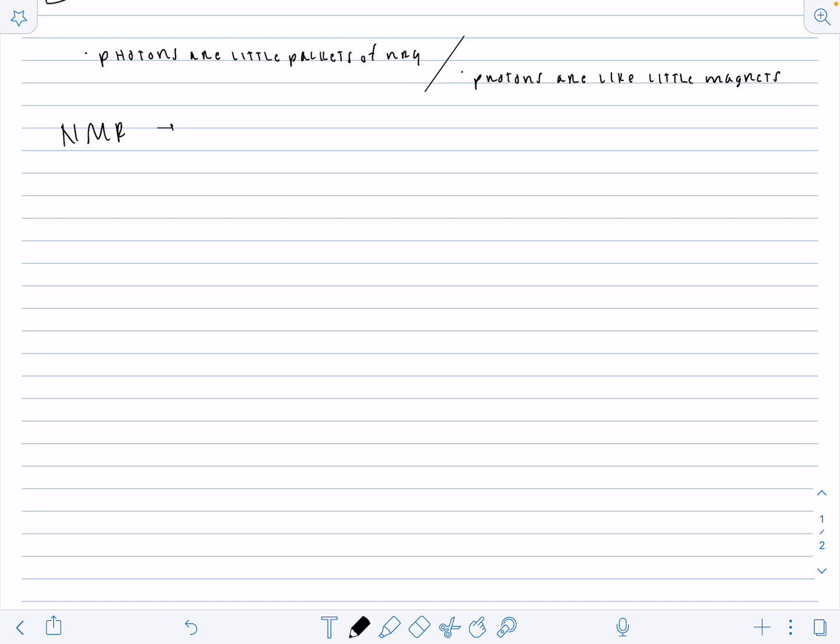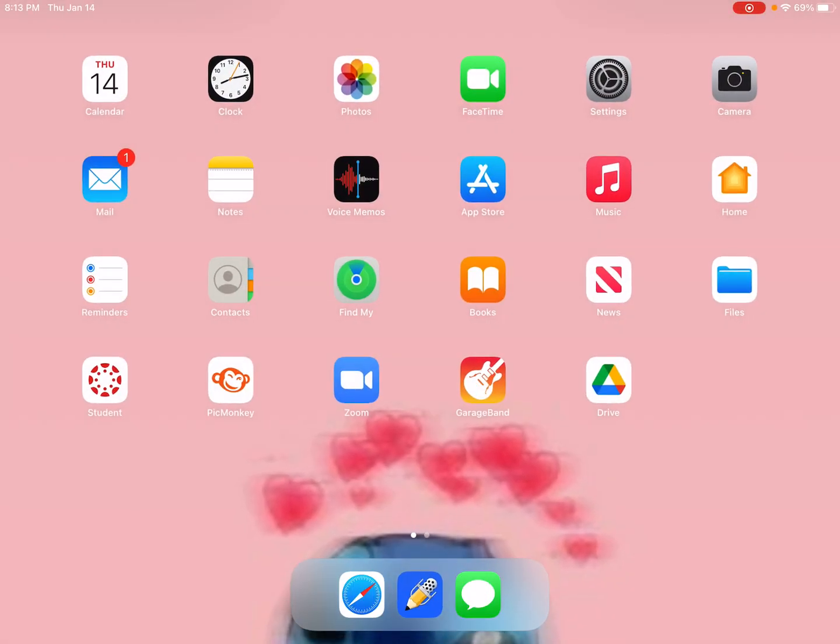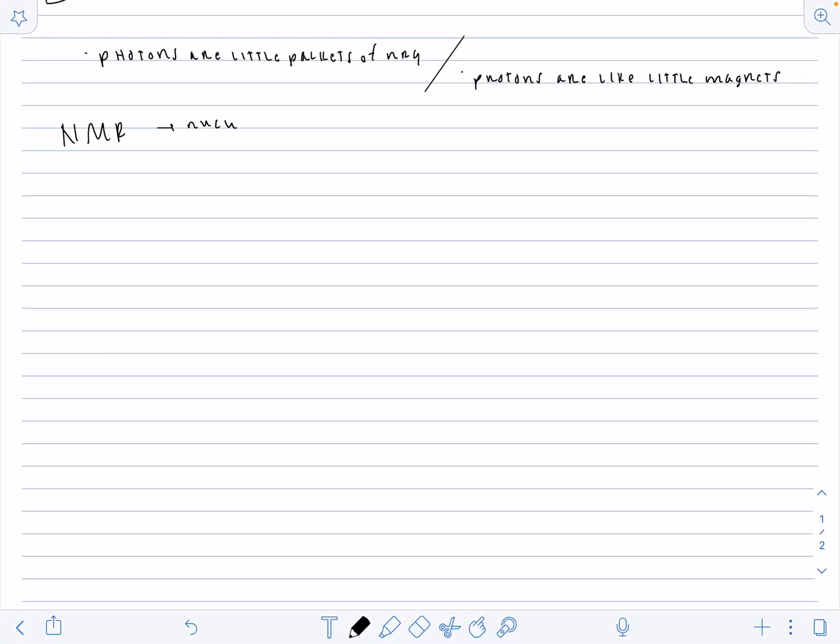And NMR stands for nuclear magnetic resonance. And this kind of spectroscopy specifically refers to hydrogen, protons, or we could also use carbon-13 as our isotope. And different isotopes do different things, but what we really care about right now is our hydrogen ones.